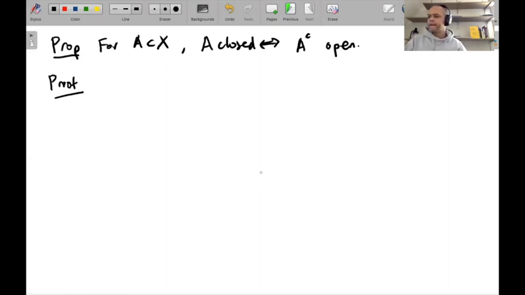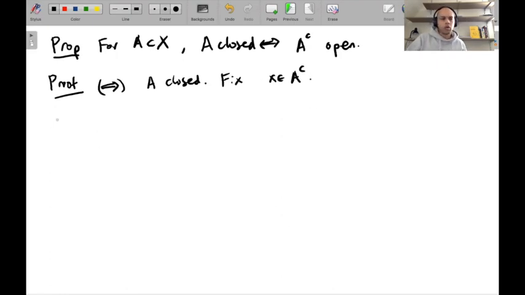Let's start with the forward direction. We're assuming A is closed, and let's fix a point x in A complement.